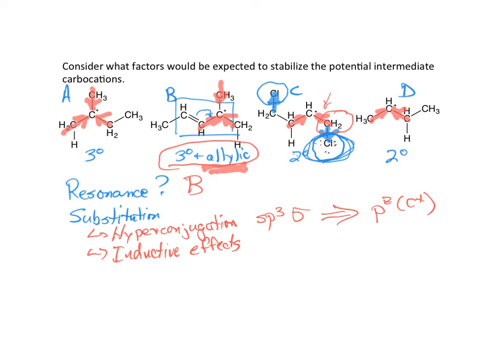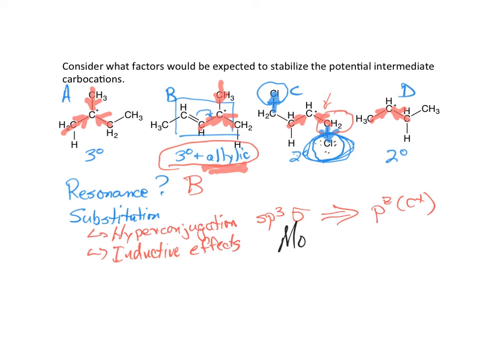So that suggests to us that even though both of these carbocations are secondary, the presence of the chlorine makes this carbon less effective at stabilizing this carbocation than this carbon is at stabilizing this carbocation.